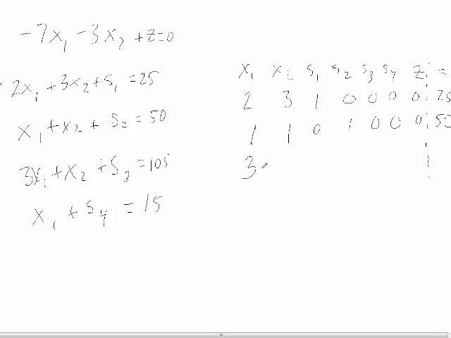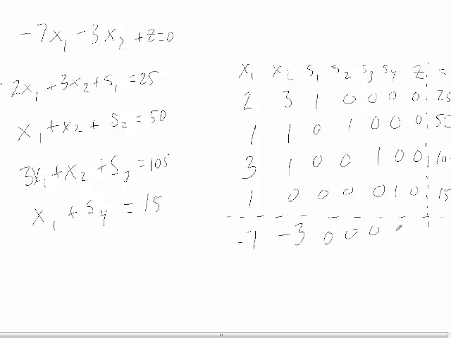Third equation, our coefficients like this. And then the last one, our final row, we've got negative 7, negative 3. So there's our initial tableau.